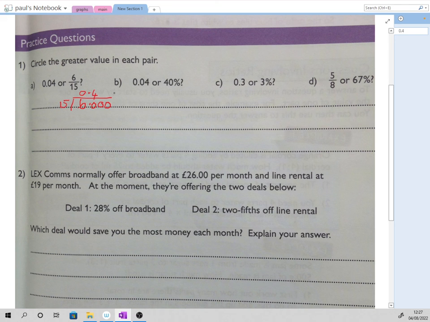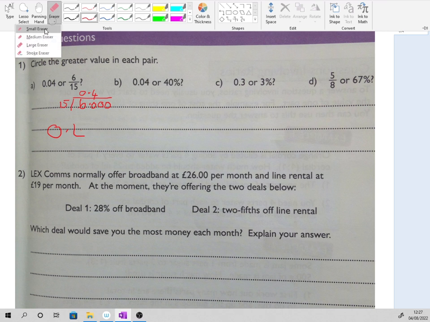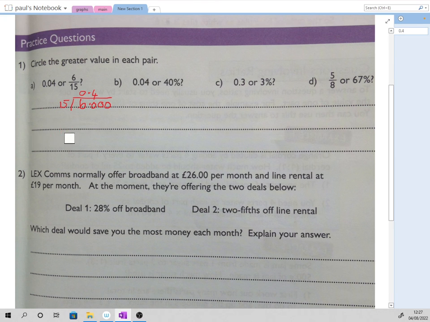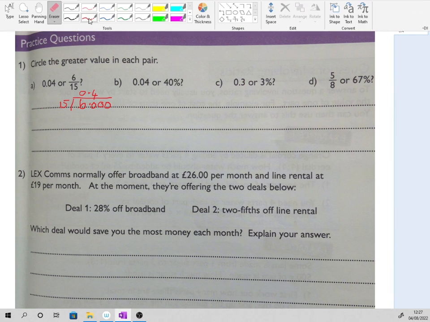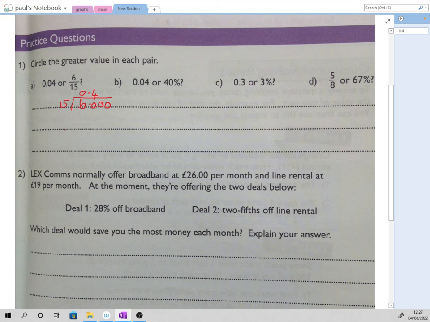But look, you can use a calculator for this. So, which is the greatest value? 0.04 or 0.4. So the answer to that one is 0.4. No, it's not. I've done exactly the thing I told you not to do. The answer to this one is 6/15. Right, 0.04 or 40%. 40% as a decimal is 0.4.